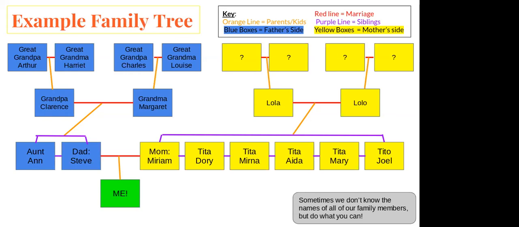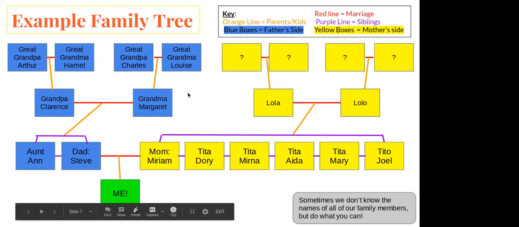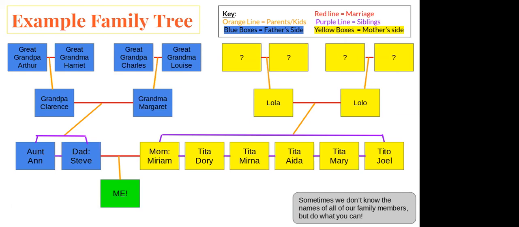What's unique about this example family tree? Does this look like most of the family trees you've seen or that you imagine when you think of a family tree? Does it look different? Is there anything missing? What stands out in this one?